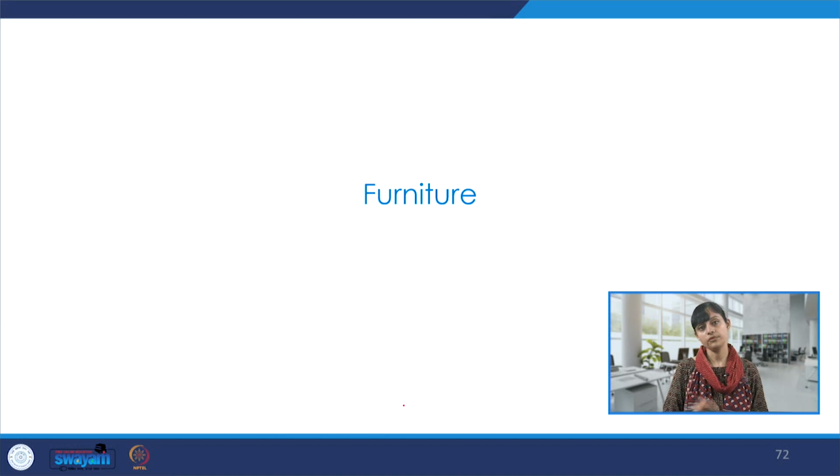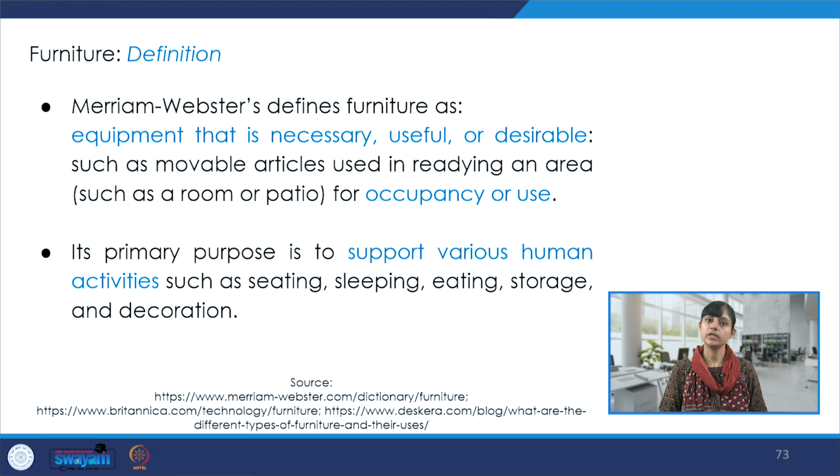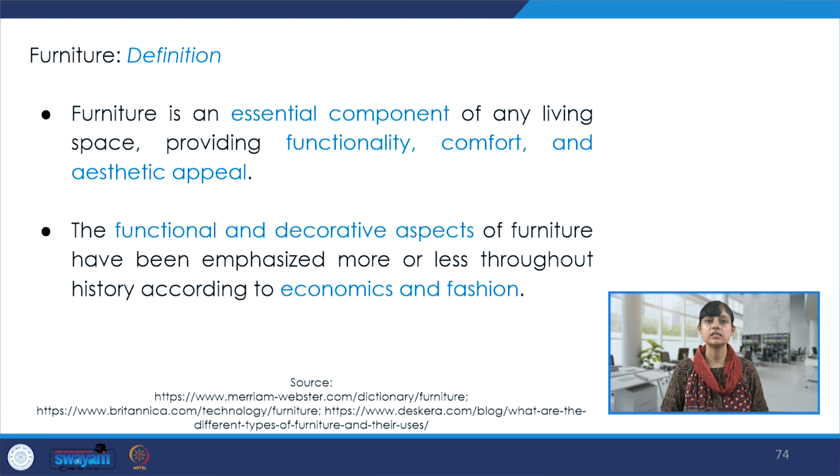Now talking about furniture. Furniture could be defined as equipment that is necessary, useful or desirable for occupancy or use within a space. It supports various human activities like seating, sleeping, eating, storage, decoration, etc. It's a very, very essential component within the interior architecture domain, and it provides functionality, comfort, as well as aesthetic appeal.